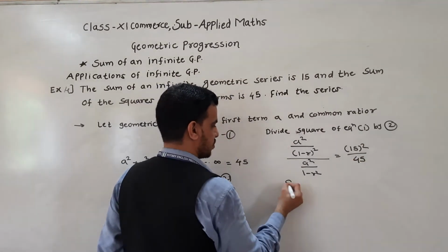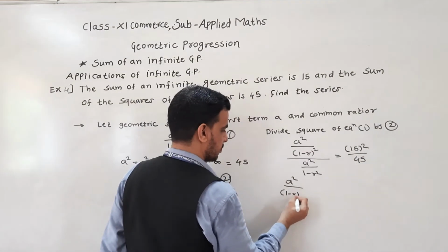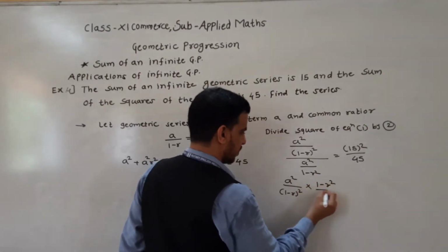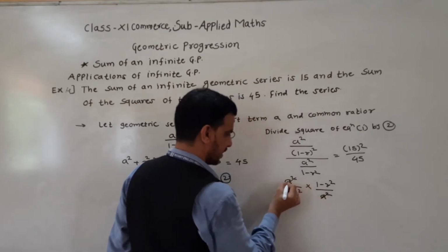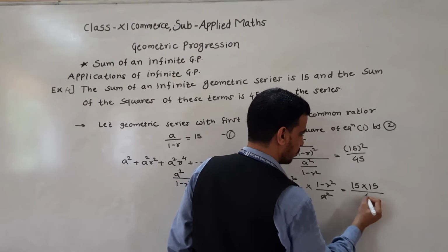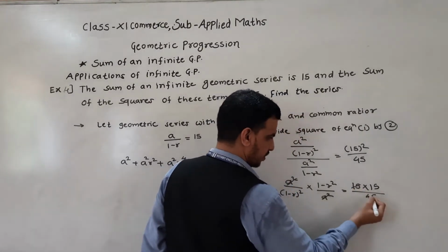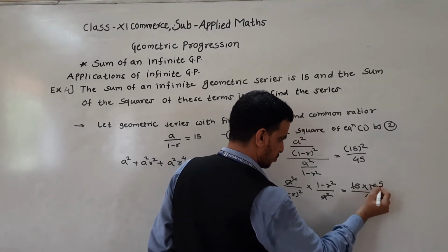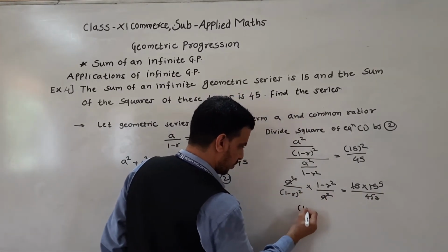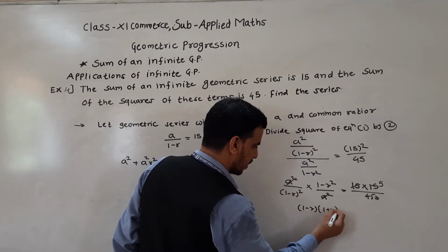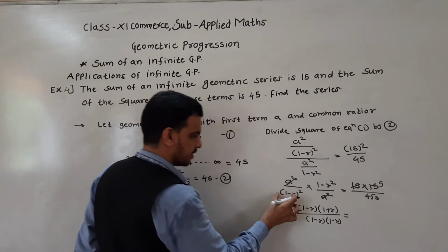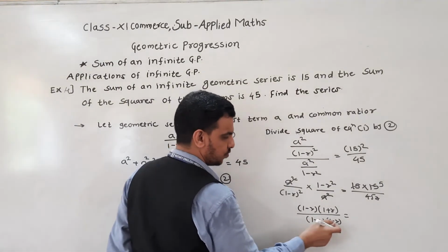Okay, so A square upon 1 minus R bracket square into 1 minus R square upon A square, this will get cancelled. 15 square is 15 into 15 upon 45. So 15 3s are 45 and 3 5s are 15, so remaining it is 5. Now 1 minus R square, that is 1 minus R, 1 plus R upon 1 minus R into 1 minus R, because 1 minus R bracket square is 1 minus R into 1 minus R.